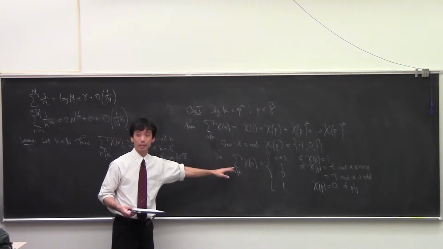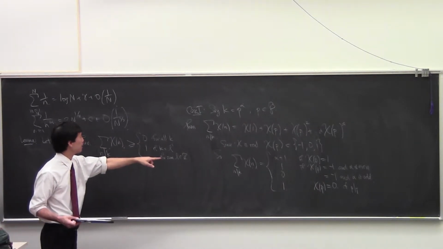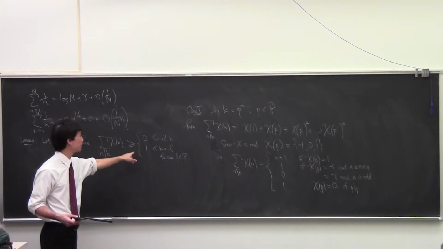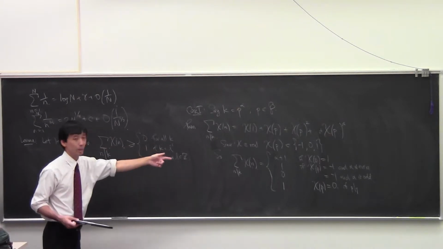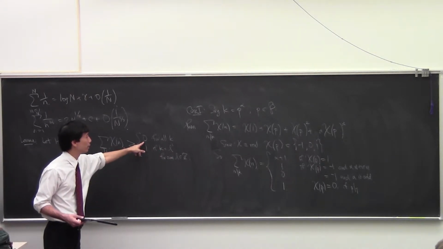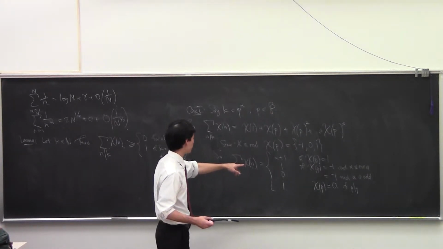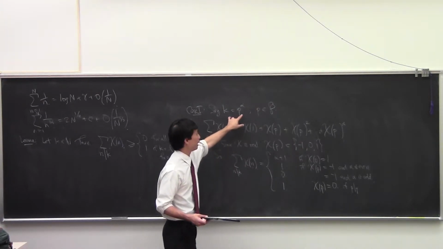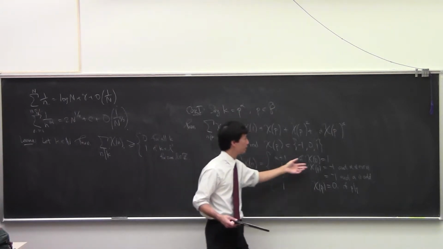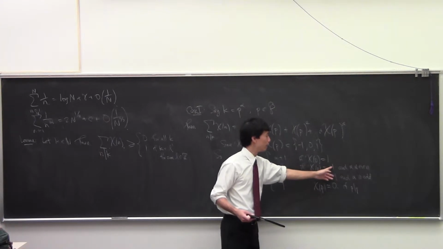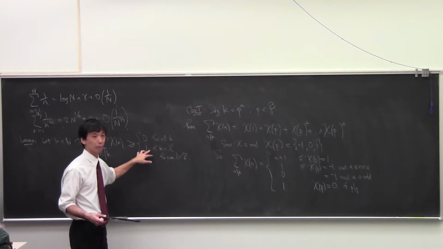Okay, so these are the only possibilities, and you see that this implies that, at least in this case, we have what we wanted. Because the sum is always bigger than or equal to 0. And if k is a square, that is, if alpha is even, then we get 1 or something bigger than 1.